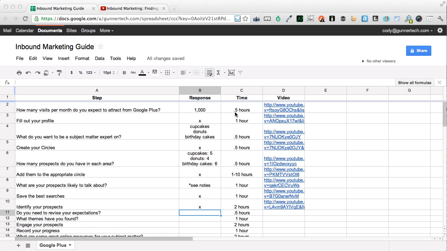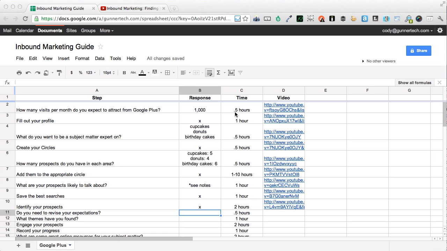But the majority of the clicks, the visits, are going to come from these people that you have identified as prospects. So once you've had a chance to sit back and fill the buckets, whether it's 1 bucket or 10 buckets for what you want to become a subject matter expert on, then you need to sit back and say, okay, is 1,000 good? Is it too low? Is it too high?